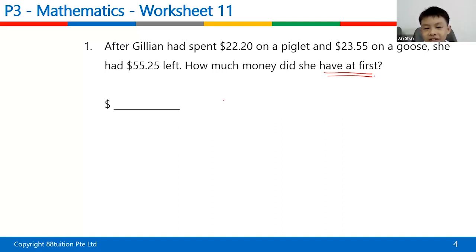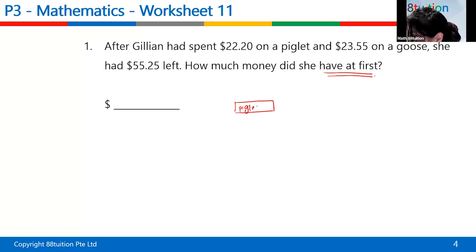Draw the pig. Okay. So the pig, I draw like that. I'm going to label it. Can you also copy this down? On top of the piglet, I'm going to label how much. How much did she spend on the piglet? $22.20. Okay, you draw this first.